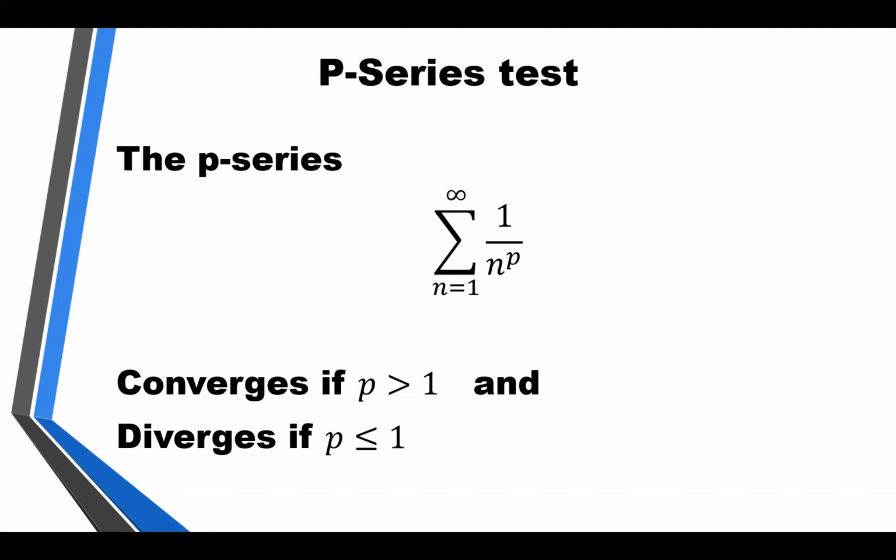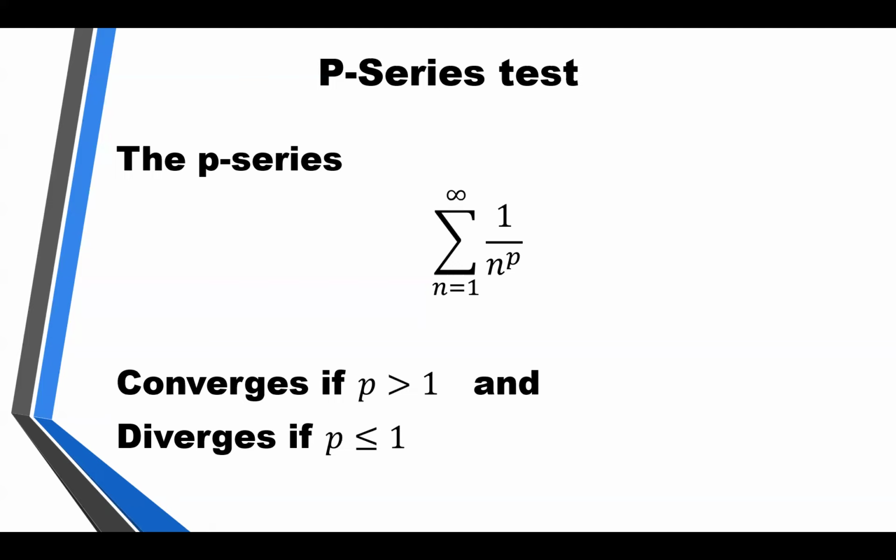It also showed us that if that power were either less than 1 or equal to 1, then the integral would have diverged, and therefore the series would also diverge. So the P-series test says, anytime I have a series of this form, if P is greater than 1, I know it's going to converge.